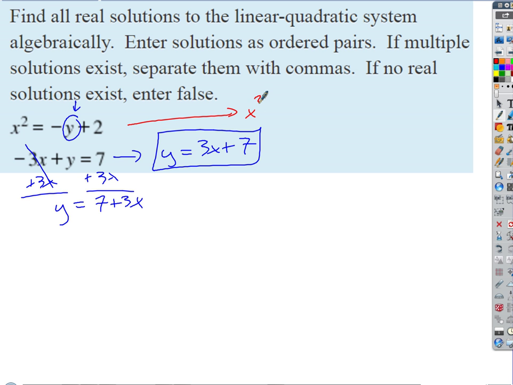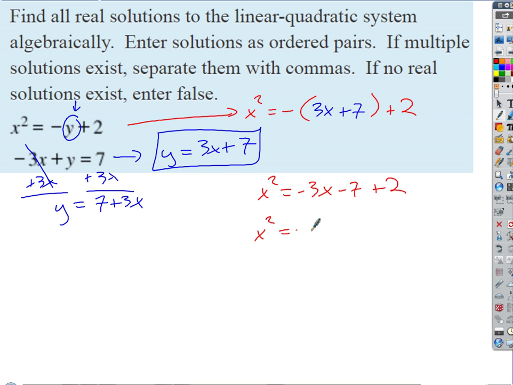So we get x squared equals negative the quantity y, which is 3x plus 7, plus 2. Okay, so if I simplify this, I just end up with the equation x squared equals, if I distribute the negative 1, negative 3x minus 7 plus 2.